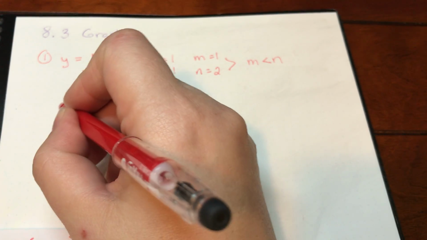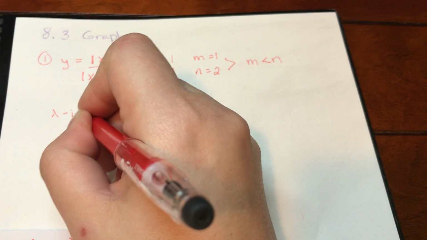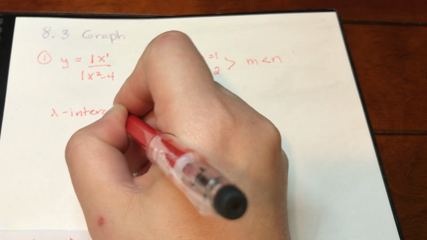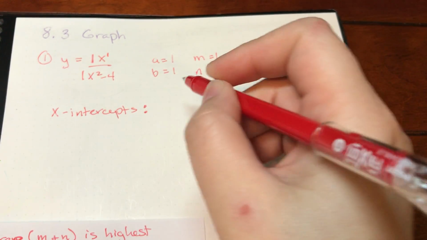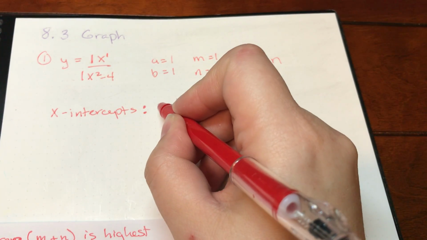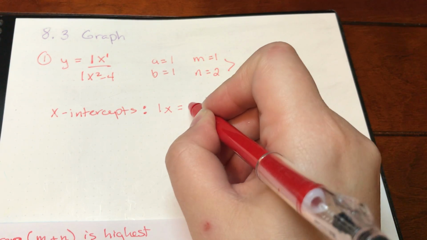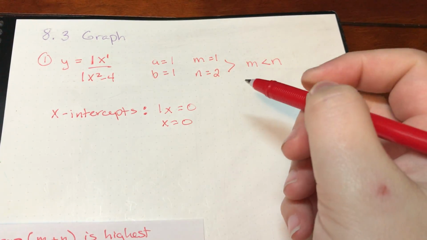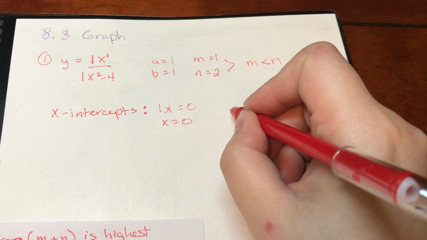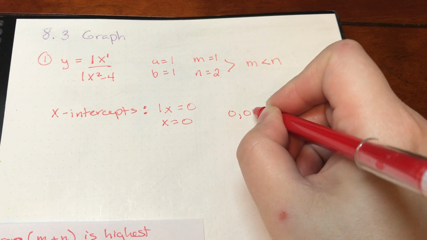So I take my 1x equals 0. So x equals 0. That is my x-intercept. So I have an x-intercept at 0.